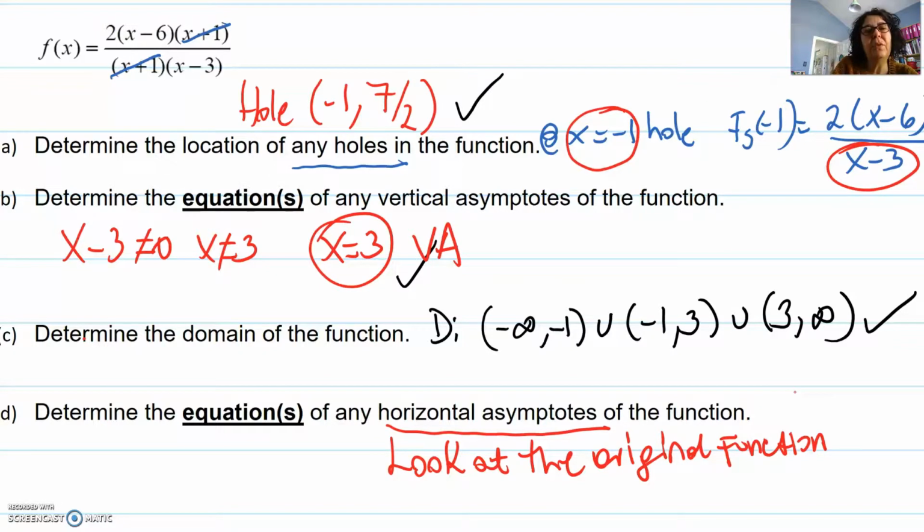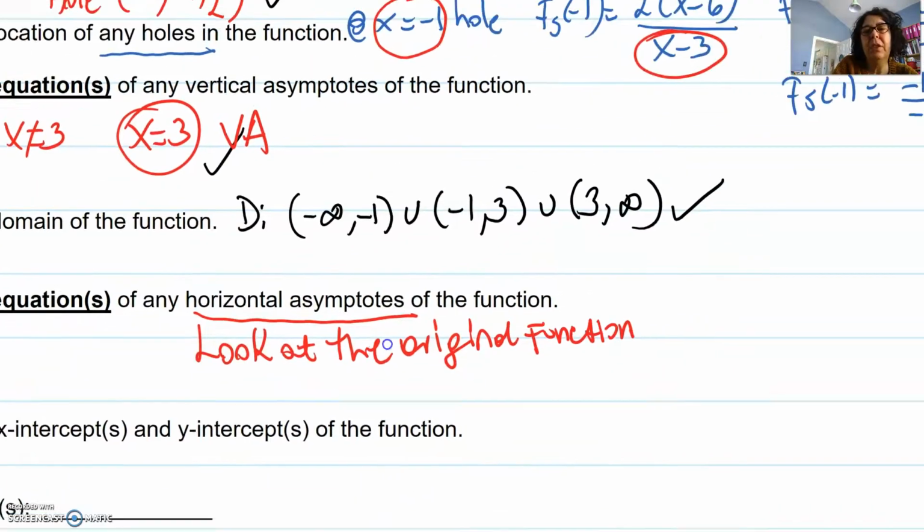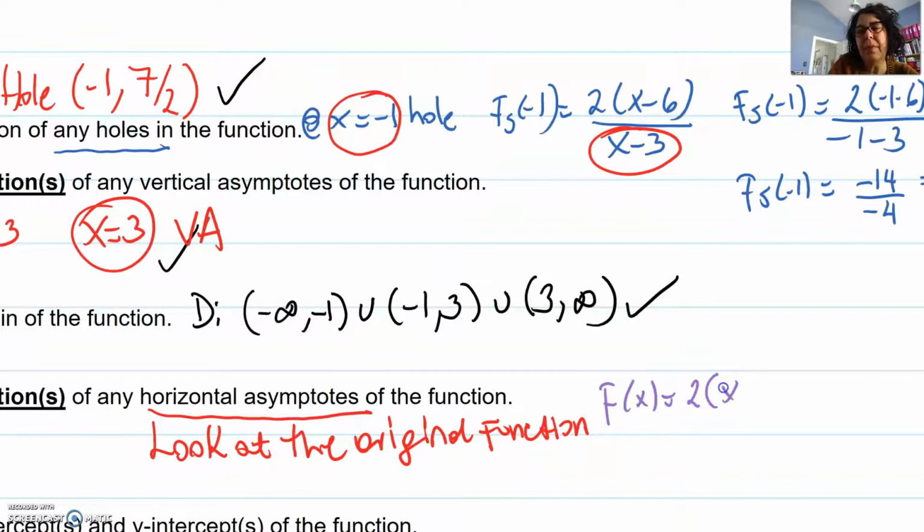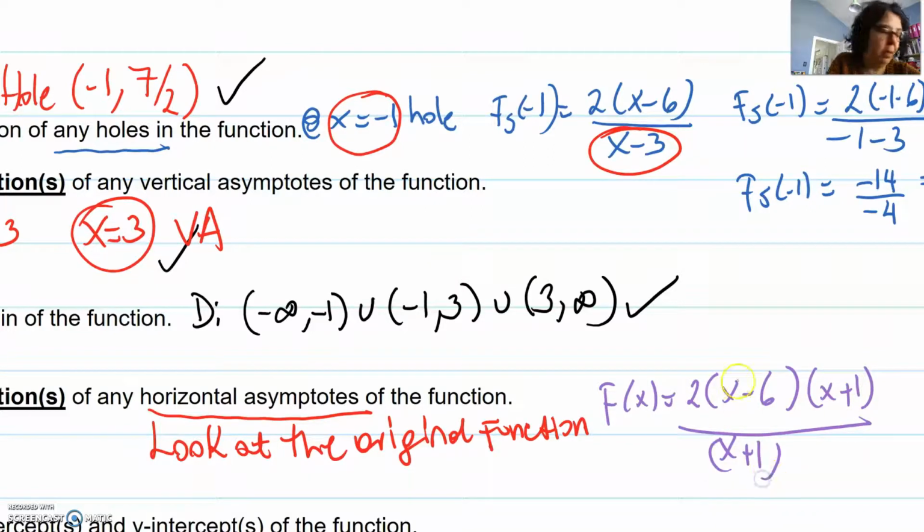So I would suggest going back to your original function. In our original function, we had f of x is equal to 2 times x minus 6 times x plus 1 all over x plus 1 all over x minus 3.